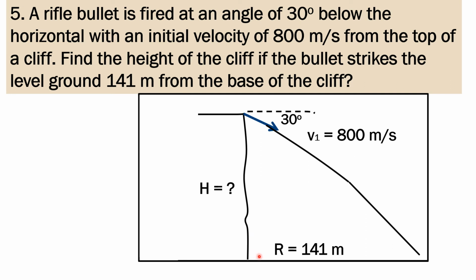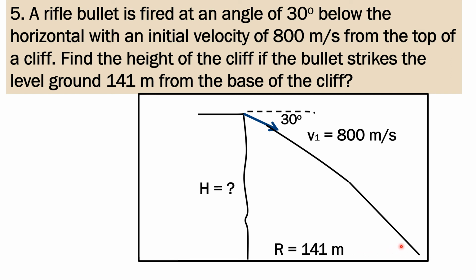The horizontal distance from the bottom of the cliff up to the point where the bullet hits the ground is given. The range is given as 141 meters. So how do we answer this question?